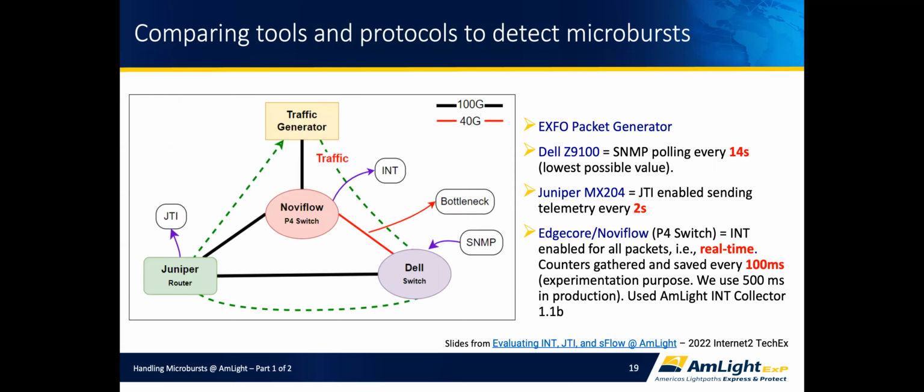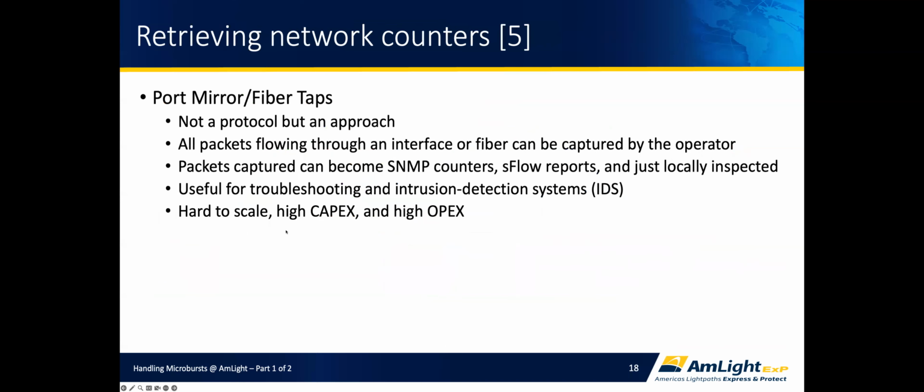Again, parts from the slides Renata presented. This is a demo that she created, with a ring topology where a traffic generator sends packets to a P4 switch, an Edge Core. Then a 40 gig interface goes to the Dell Z9100, then to the Juniper MX204, and back to the Edge Core, and then back to the traffic generator.